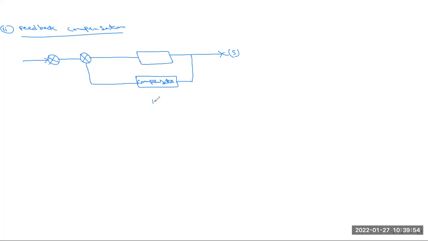And finally, the feedback we have to attach. This is the output of the system to the first summing point of the system.